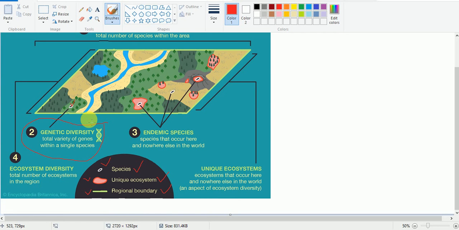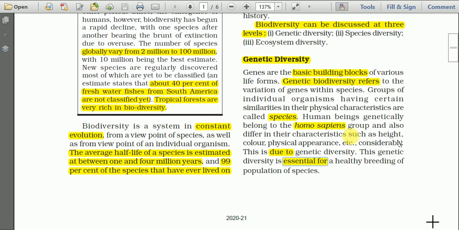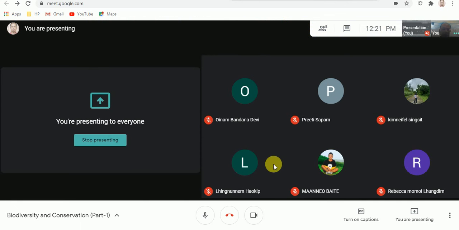Among us we find so many differences in color and height, and this is due to genetic diversity. Are you clear? Any question regarding genetic diversity?